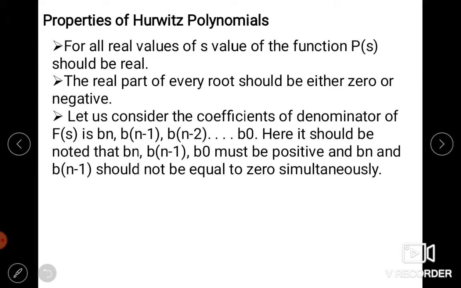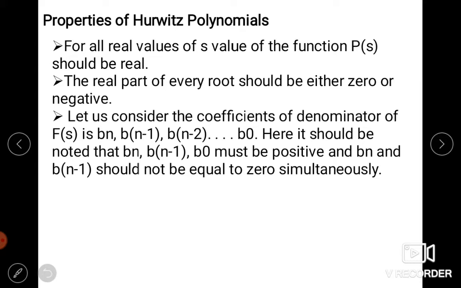The second one: the real part of every root should be either 0 or negative. Now let's consider the coefficients of the denominator, and taking some function of that Hurwitz polynomial.